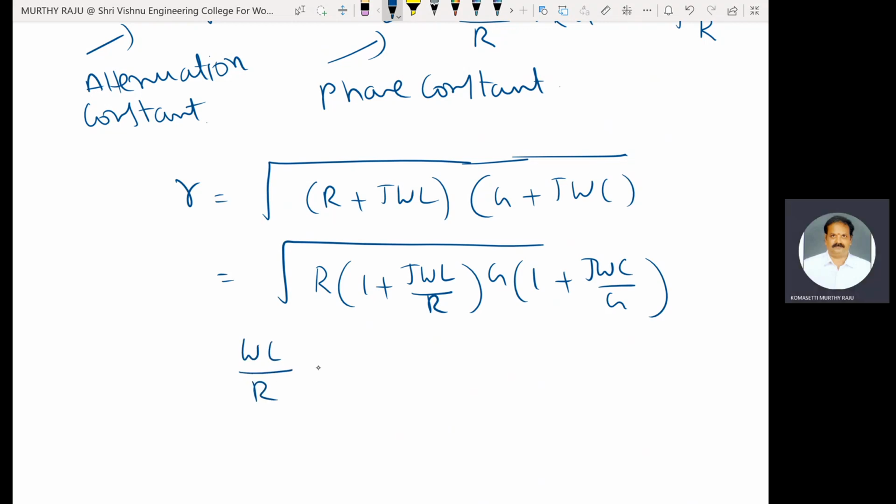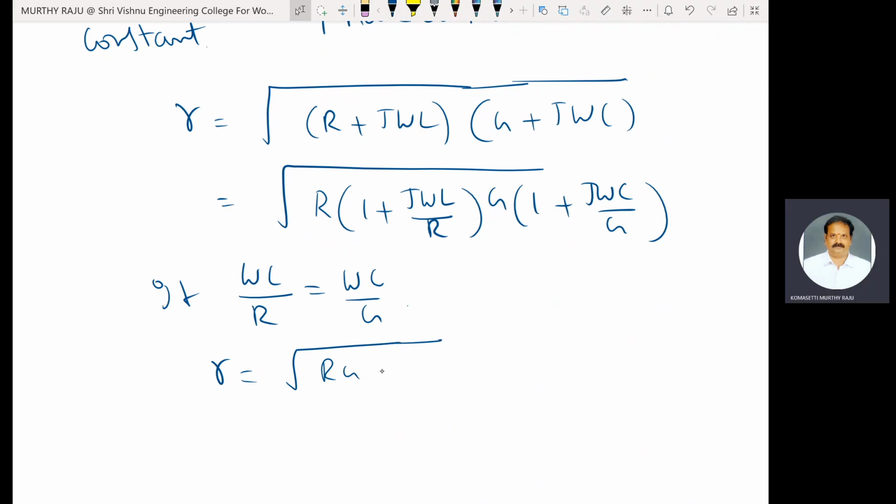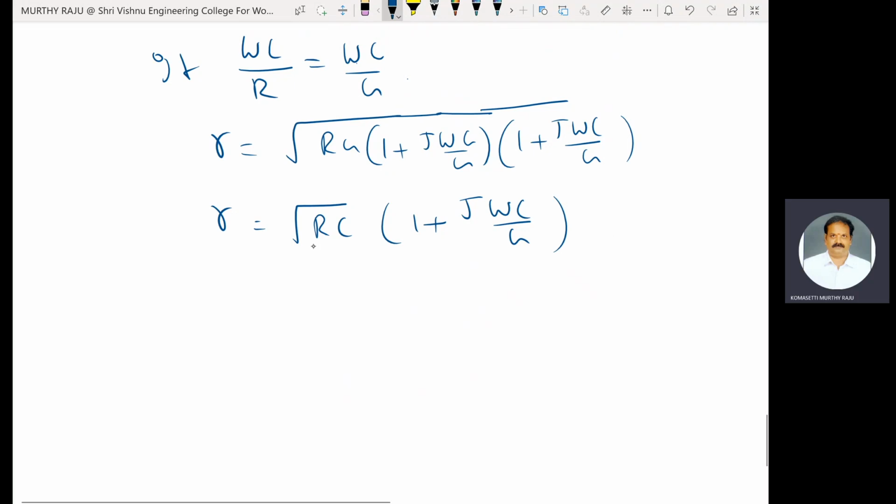Omega L by R is equal to omega C by G, so gamma is equal to root RG (1 plus j omega C by G)(1 plus j omega C by G). This gives gamma is equal to root RG (1 plus j omega C by G), and with gamma equal to alpha plus j beta, alpha is root RG.